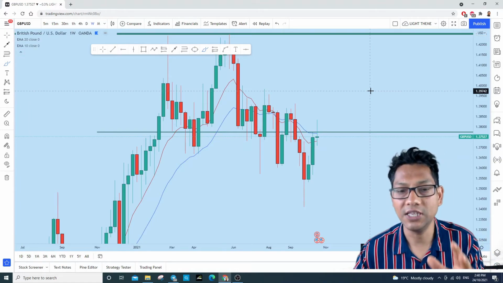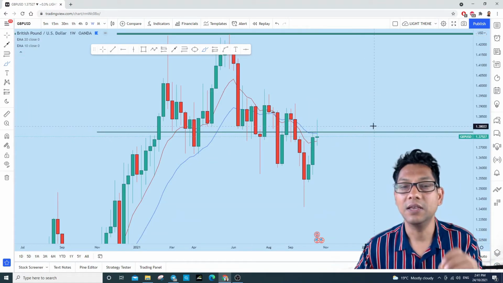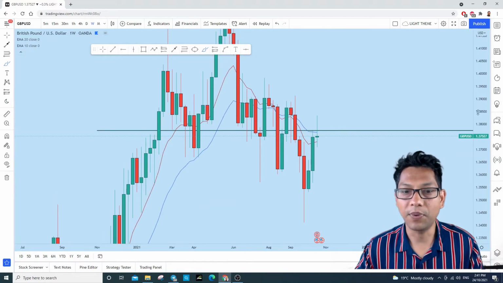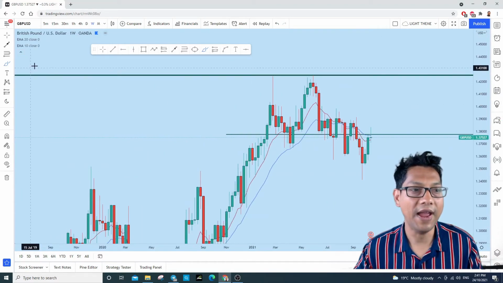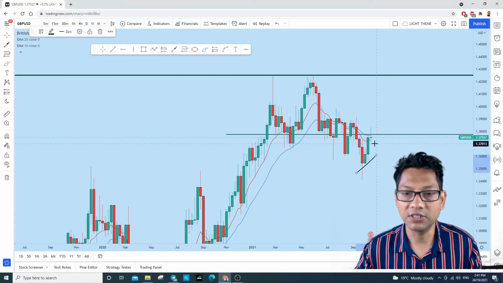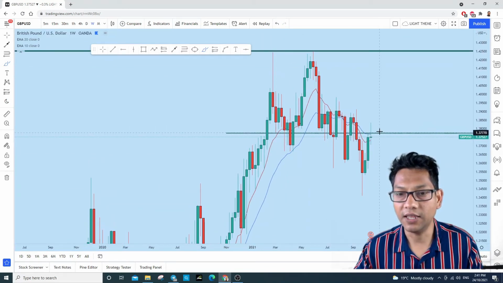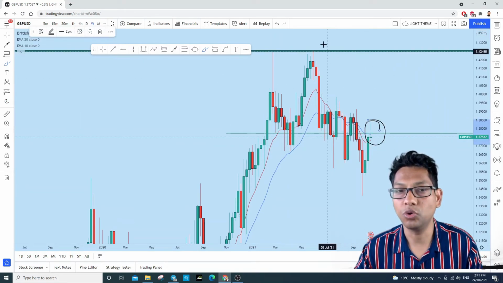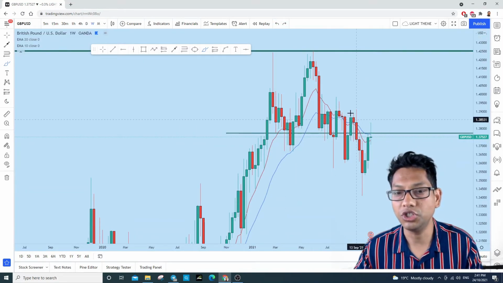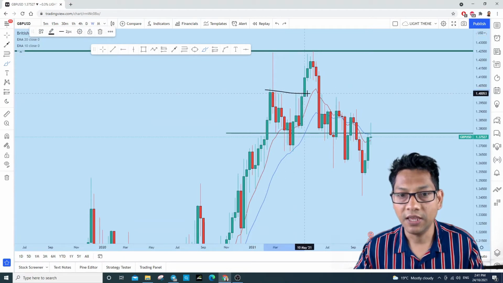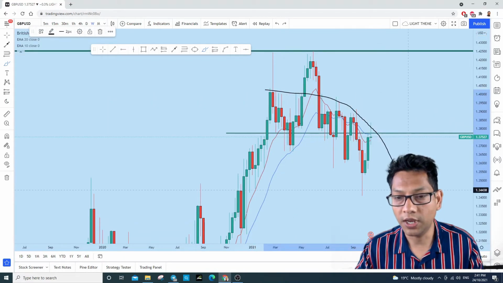Now as you can see, this line is coinciding with the weekly price action. On the weekly, back-to-back, after this 3 weeks rise, the previous week has created this important gravestone doji. Now in this gravestone doji, the price is basically aligning with this weekly trend line.